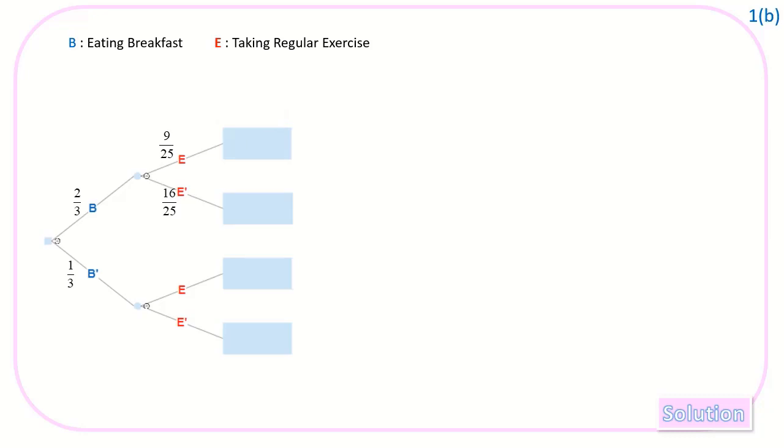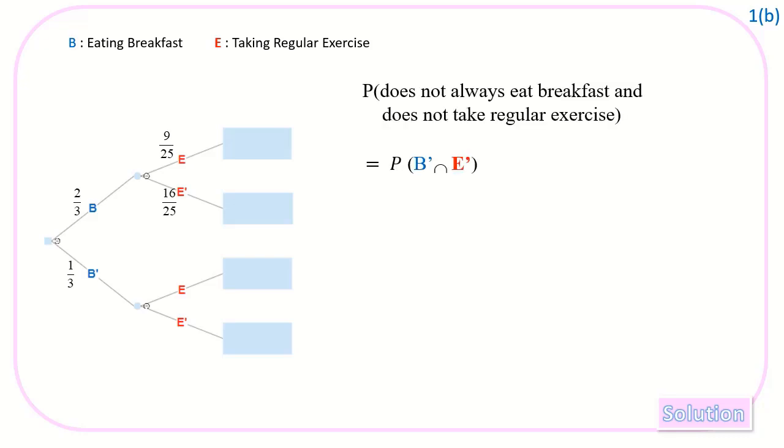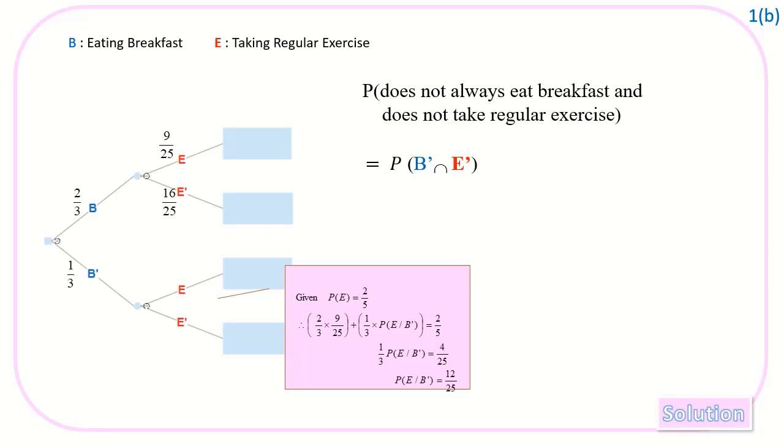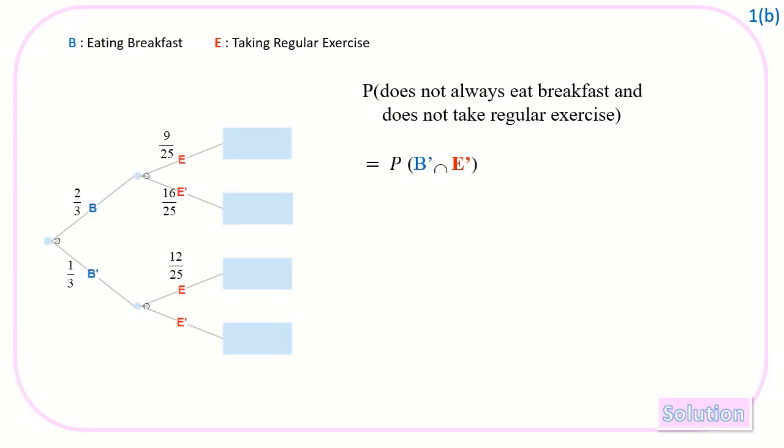For Question B, we want to evaluate the probability of not always eating refers and not taking regular exercise. To do this, we need to evaluate the probability of event E given B prime, which gives 12 over 25, and the probability of event E prime given B prime, which is 13 over 25.